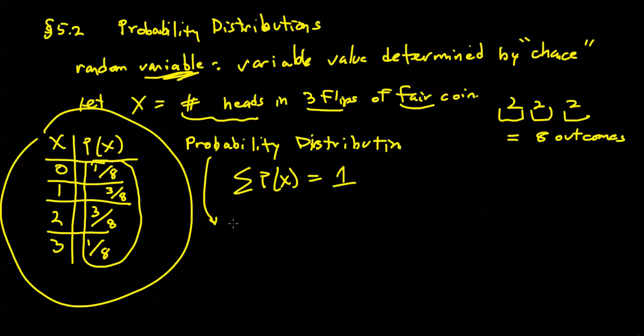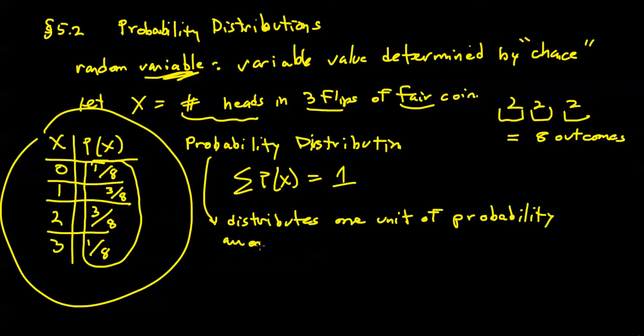A probability distribution, I will say this, distributes 1 unit of probability among all possible values of a random variable. Okay? Alright, so that's our first example of a probability distribution.